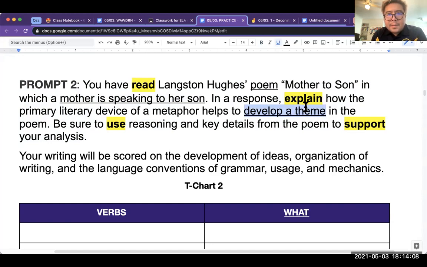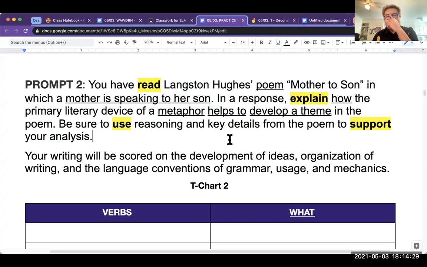Okay. Explain how the device of a metaphor. So I'm going to underline how the device, or how the metaphor helps to develop a theme in the poem.